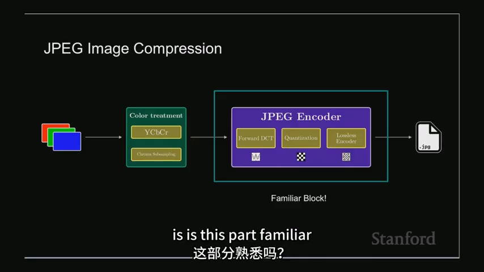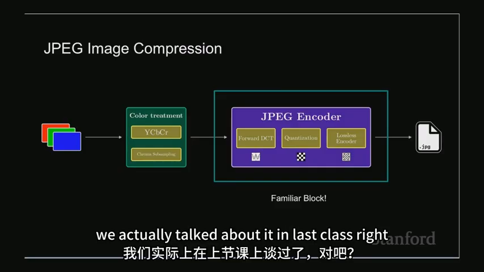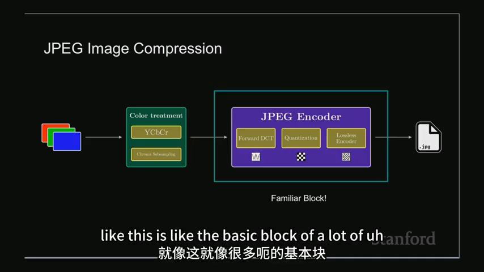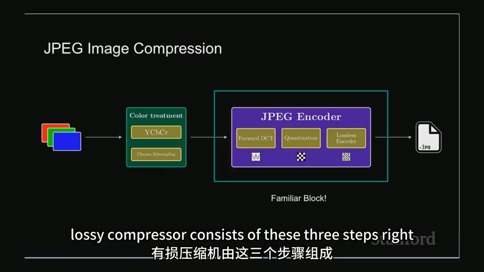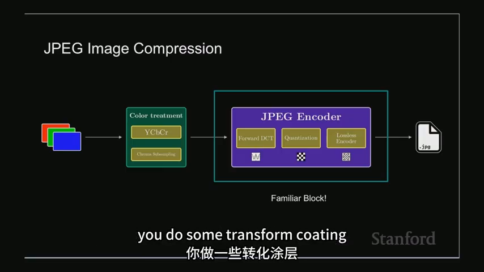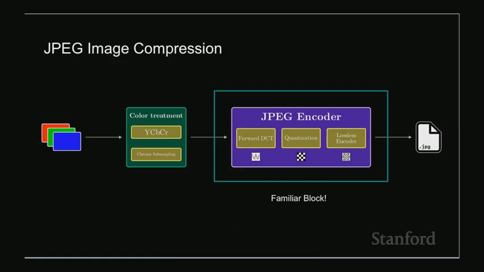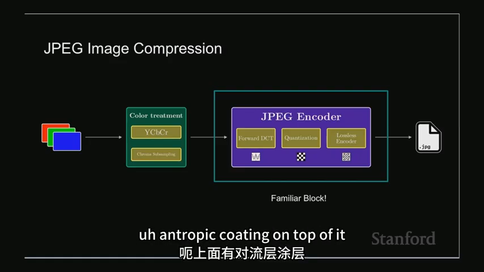Is this part familiar? We actually talked about it in the last class, right? This is the basic block of a lot of bare-bones practical lossy compressors, consisting of these 3 steps: you do some transform coding, you do some quantization, you do some entropy coding on top of it.